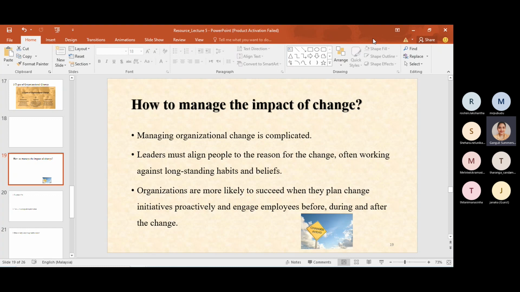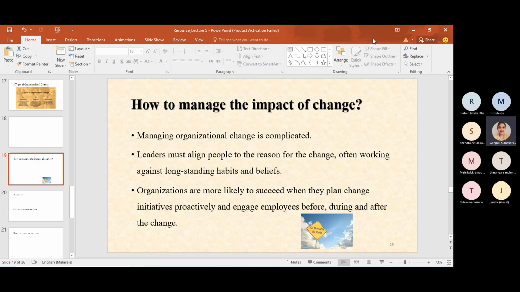So as leaders, we should understand how to manage the impact of these changes. As I explained up to now, changes can cause different things in people, right? I told you that they might feel anxious, they might feel worried, they might not understand how to use certain machines or equipment.